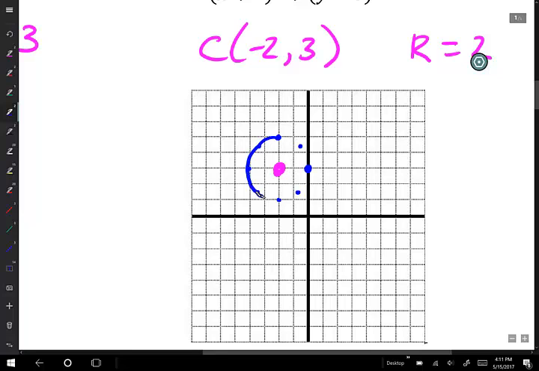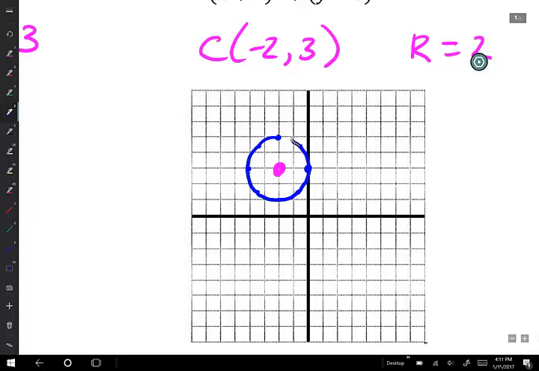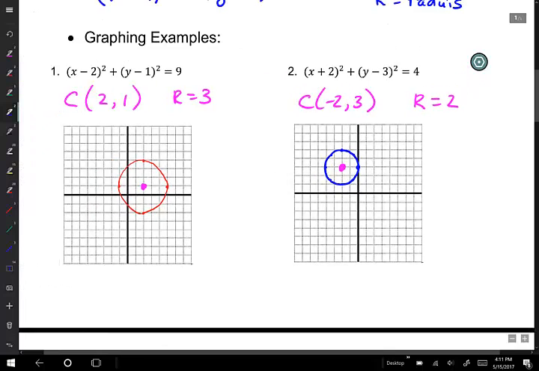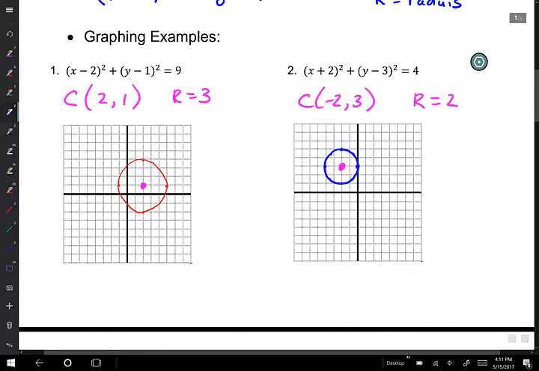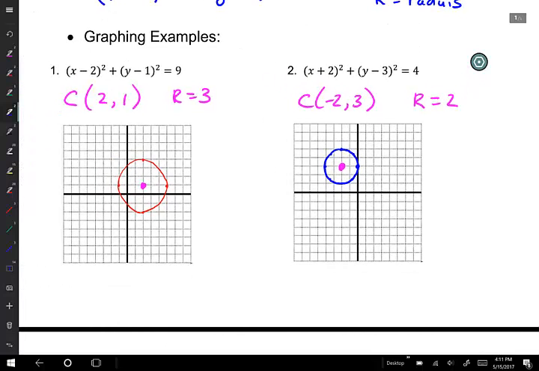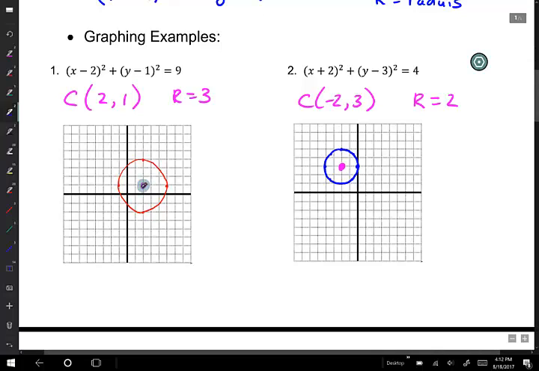We're going to draw our circle with radius 2. There we go. So that's how you're going to graph a circle with radius 2. Please remember when you finish that you really shouldn't consider those dots in the middle. They are just reference locations that we're going to work off of.